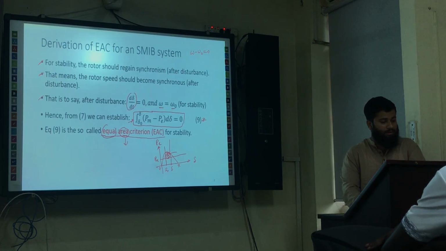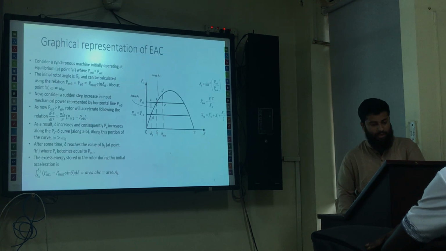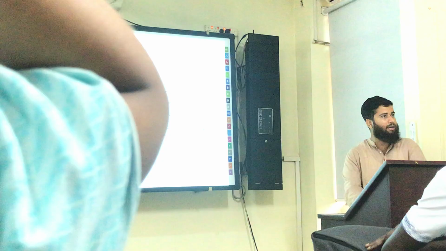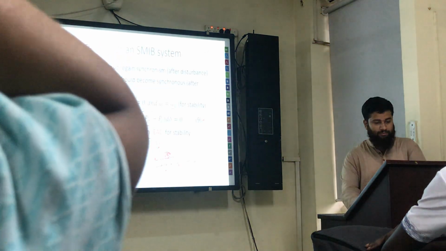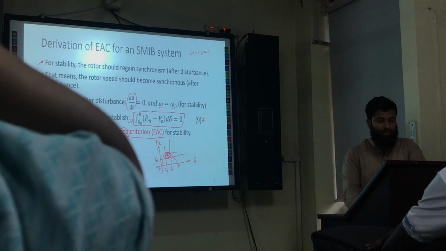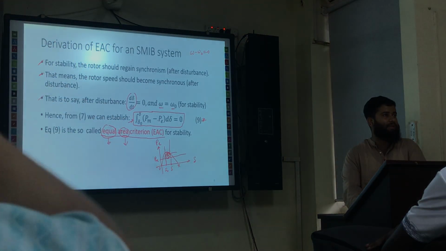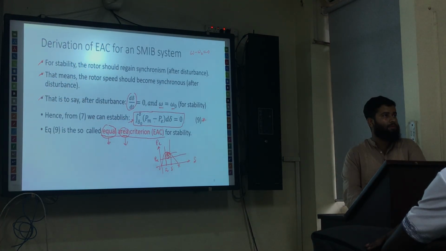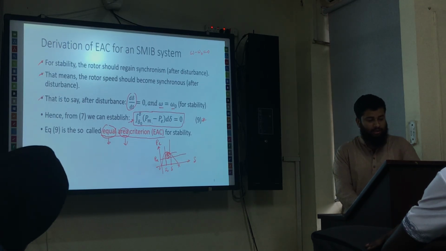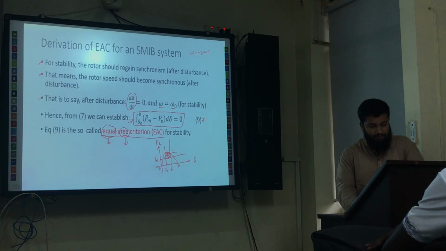Why equal? That thing we will also explain later on. Also this concept, how this is actually area, we will show here also. But have you understood this thing? That the integration under the curve will give you some area, right? Exactly. In this case, actually, this is P minus Pm.